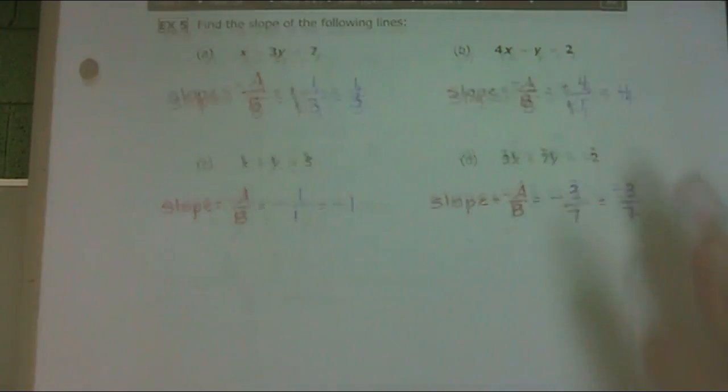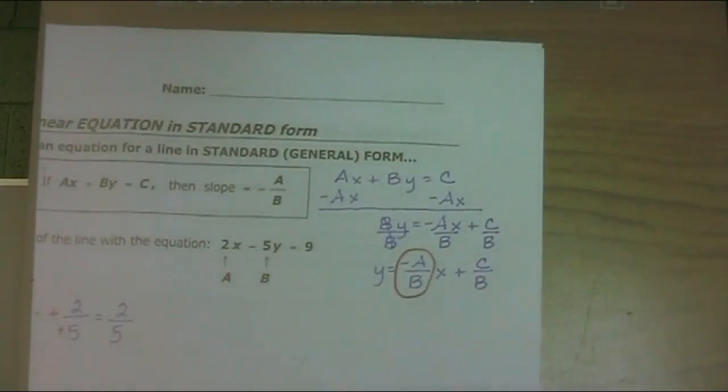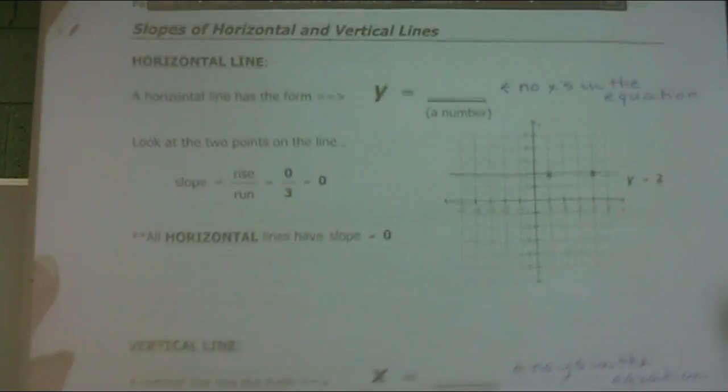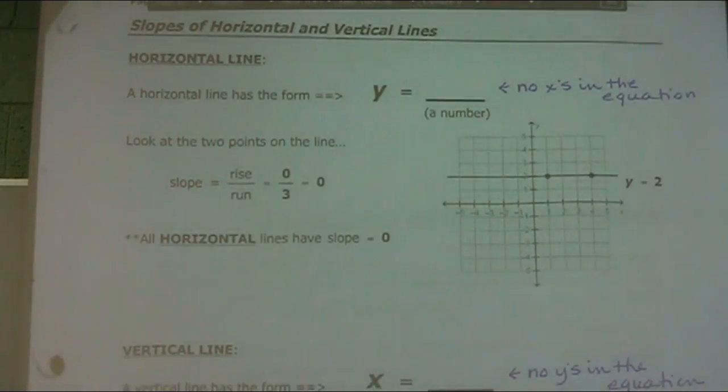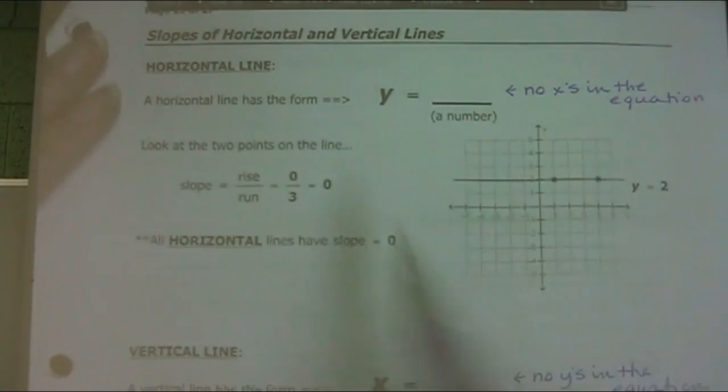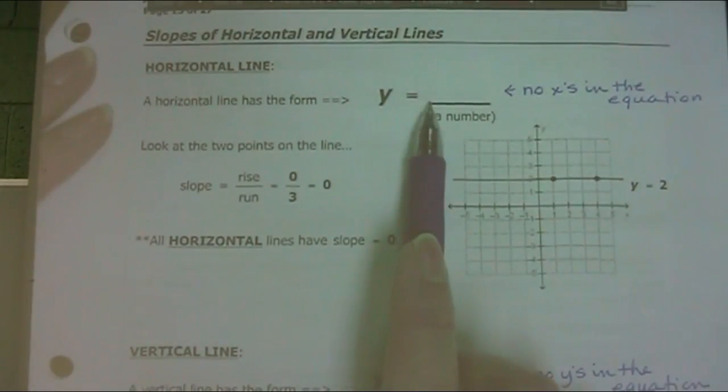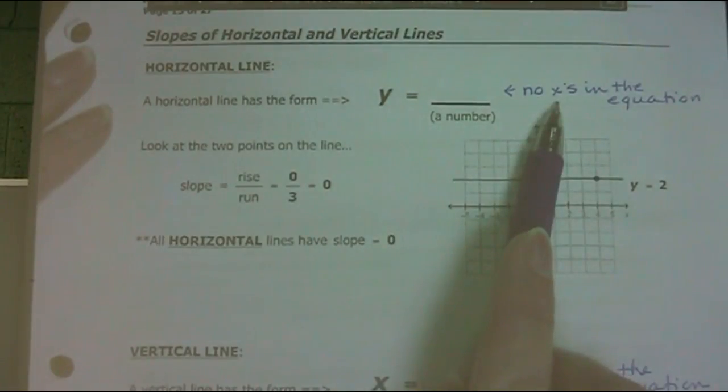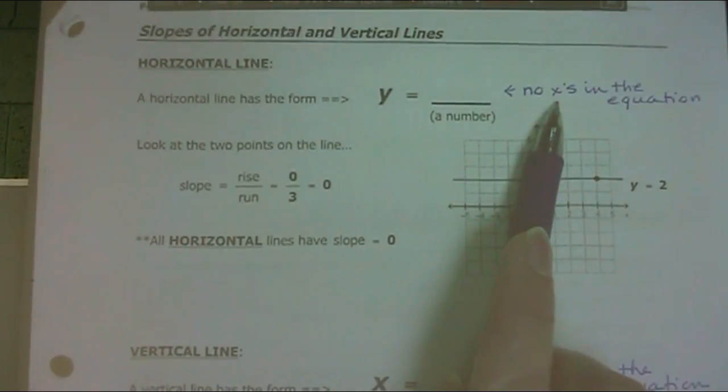Now, I also want to go back to horizontal and vertical lines. And that was page 13 of our notes. We talked about that yesterday. Here's what we have to remember. If we come across an equation that has y equals a number and it has no x's in it, neither of the two methods we just talked about is obviously going to work because we don't have something in standard form and we don't have something in slope-intercept form.